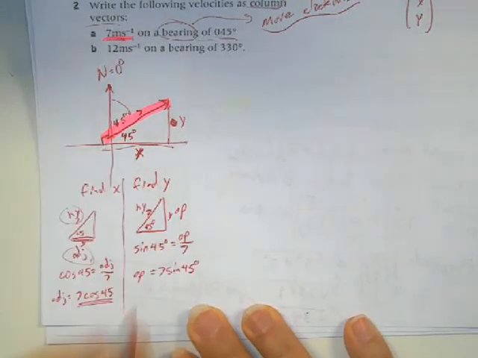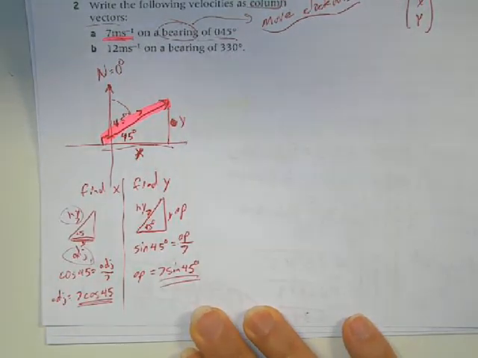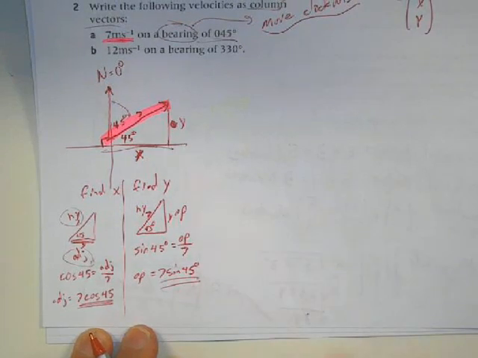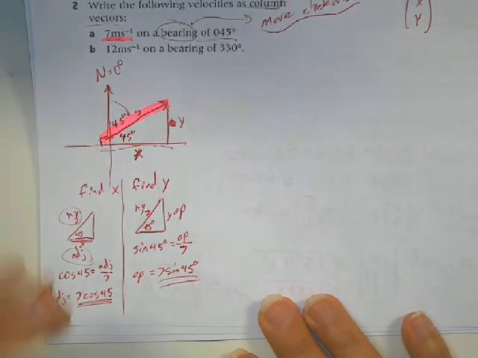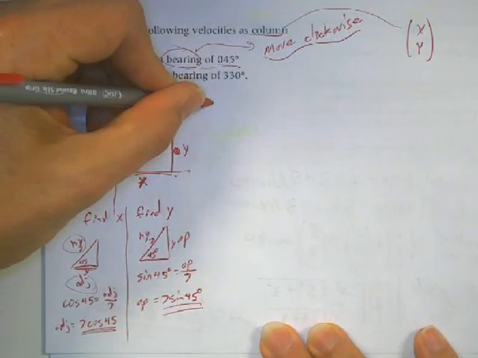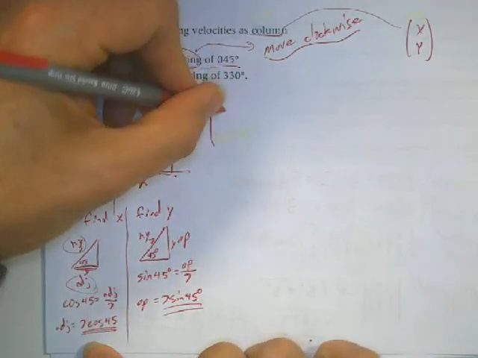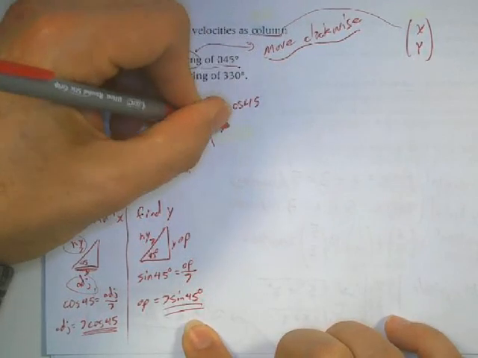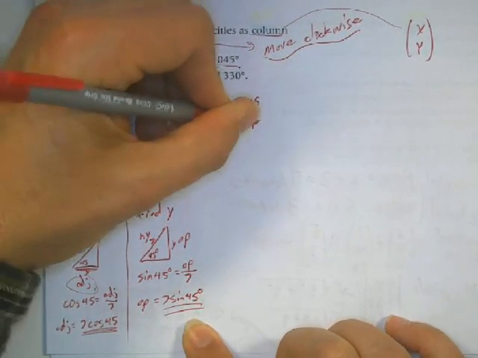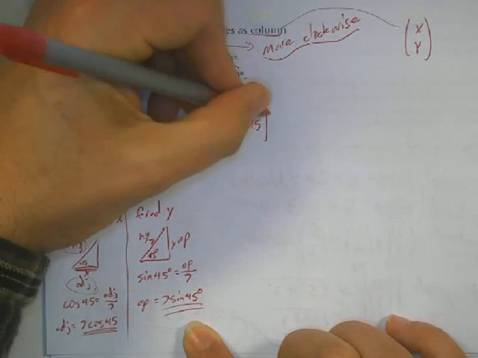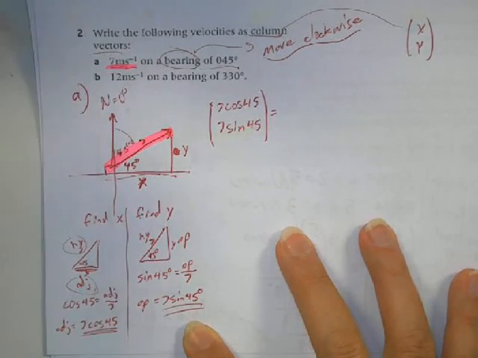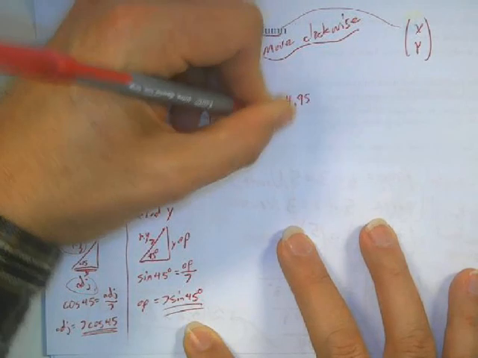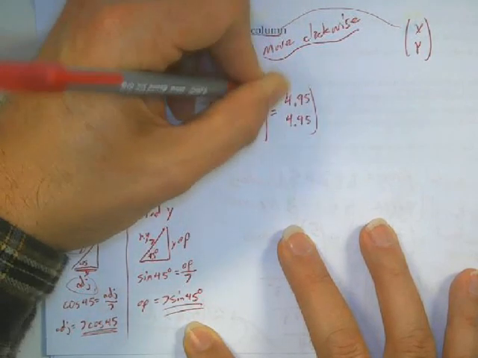And now I can use this information to write my velocity as a column vector. So I can write this as 7 cosine 45, and here 7 sine 45, and this is all for question A, right? And then I simplify that on my calculator, and I get 4.95 meters per second.